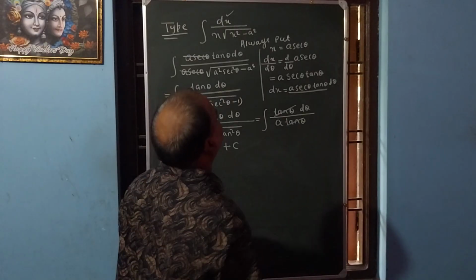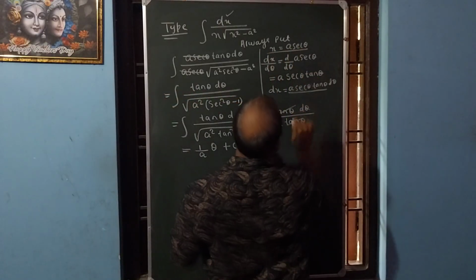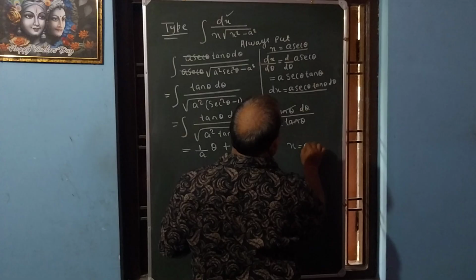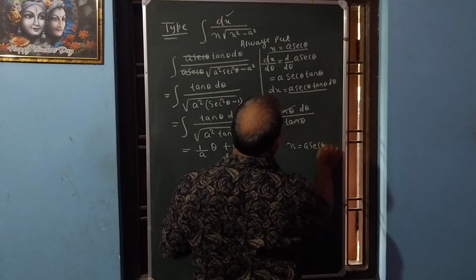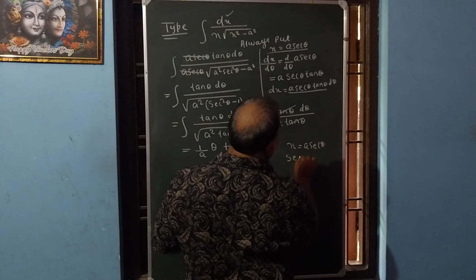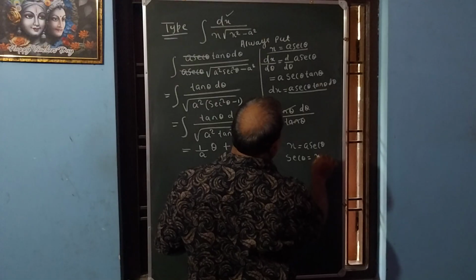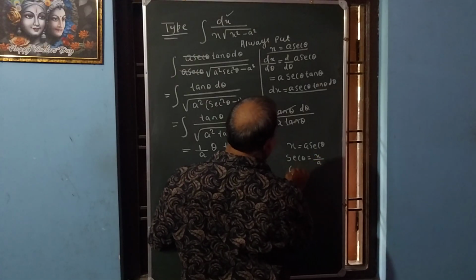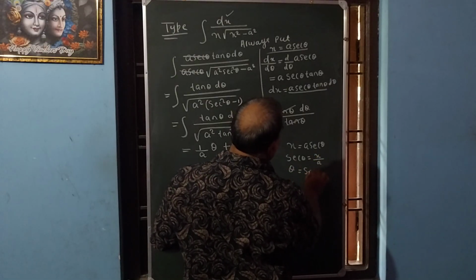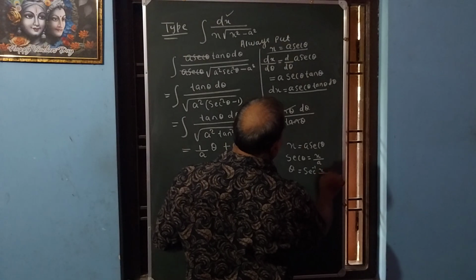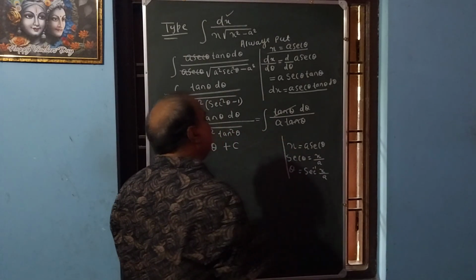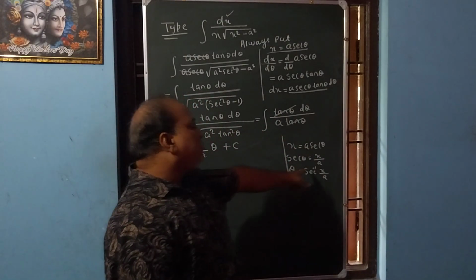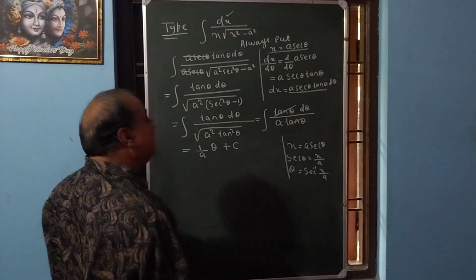Now, in place of theta, we have to put back from x is equal to a sec theta. So what is sec theta? Sec theta is equal to x by a, then theta is equal to sec inverse x by a. Remember, in place of theta we put sec inverse x by a.